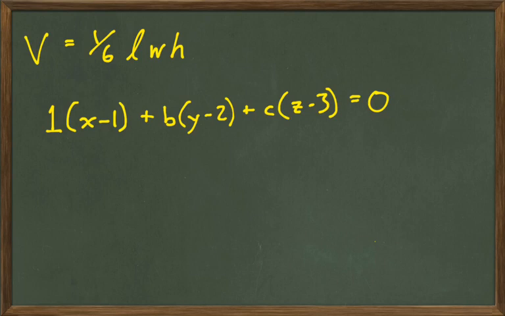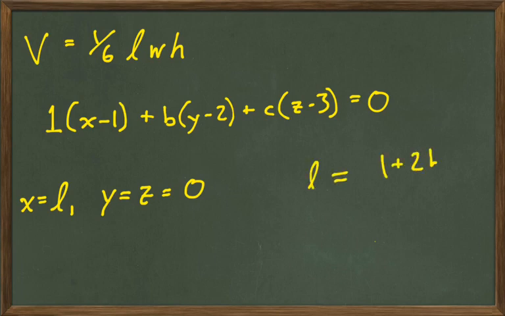We just need to figure out what this volume is in terms of b and c. For that, it's a simple exercise in algebra. First, we'll figure out what the x-intercept is. That's L. So we'll set x equal to L and y and z equal to 0 in this plane equation, and we'll simply solve for L. We get 1 plus 2b plus 3c. We proceed for the other intercepts, W and H, respectively, in the same way.